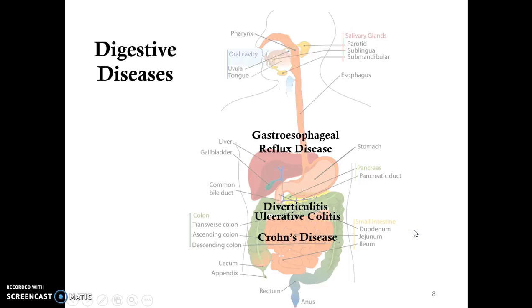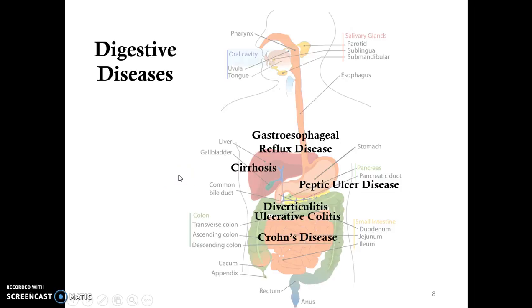Gastroesophageal reflux disease, or GERD, has to do with that junction between the esophagus and the stomach. You get some reflux into the esophagus. And then peptic ulcer disease manifests primarily in the stomach itself. And last of all, cirrhosis is a disease that affects one of our accessory organs, our liver.